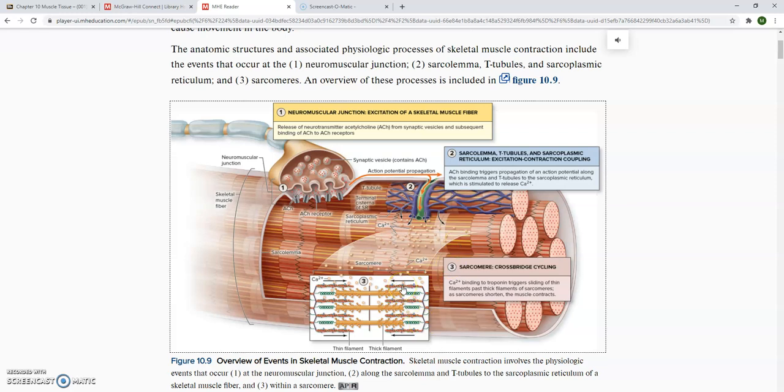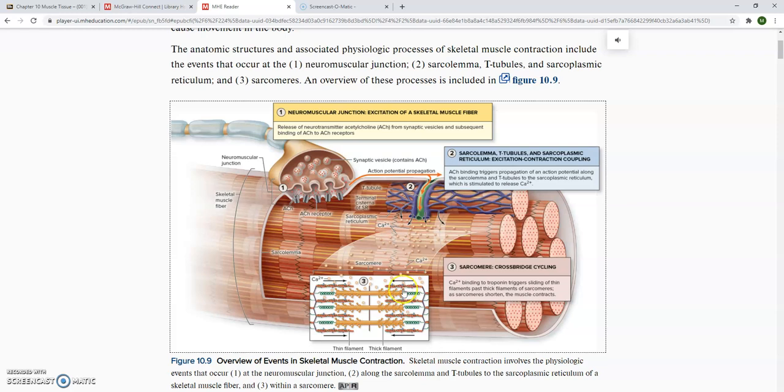All right, and then if we don't have any calcium in the sarcoplasm, that means that our troponin goes back to its original shape. And if it goes back to its original shape, the tropomyosin will shift and cover over the myosin binding sites on actin. And if those are blocked, there's no way the myosin heads can attach to the actin. So then we stop the cross-bridge cycle too.